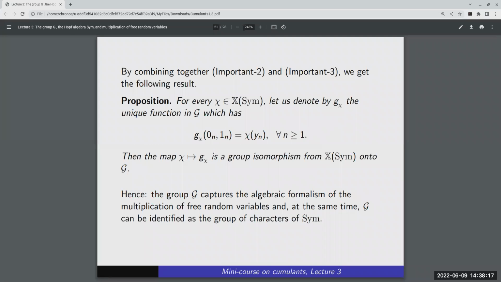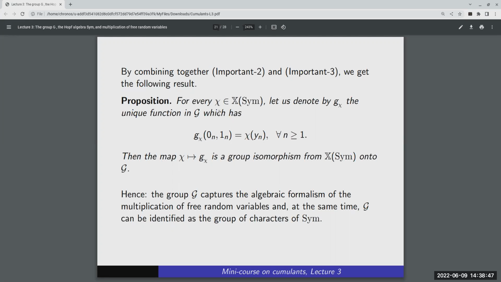And then what do we get from here? The important formula gave us the convolution on the group G, and this smart way of using the y_n's gives us the convolution in X of Sym. So we get that X of Sym and G are isomorphic, and we can write explicitly how the isomorphism goes.